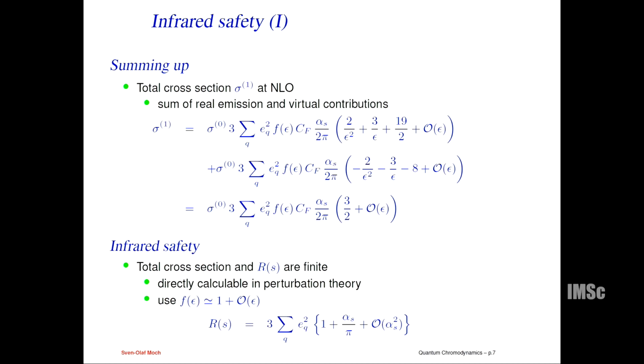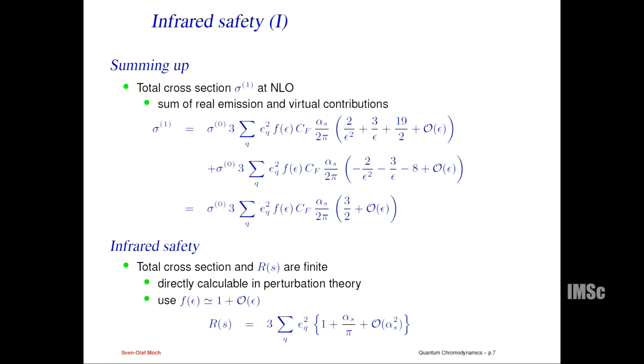And then we can finally go back to our example. We can compute the R ratio, so the hadronic cross-section normalized to the cross-section of e plus e minus to mu plus mu minus. That means basically we'll be dividing by sigma naught everywhere. And then at the end, we add the Born term as well.